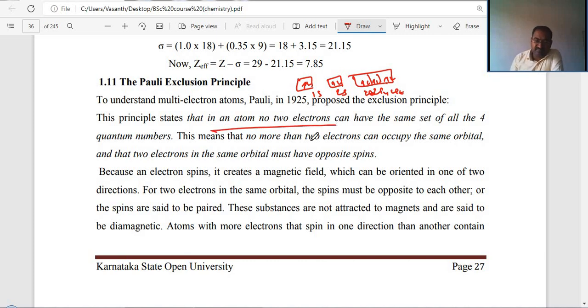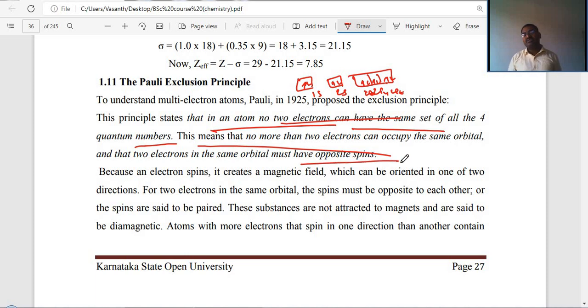In an atom, no 2 electrons can have the same set of all 4 quantum numbers. This means that no more than 2 electrons can occupy the same orbital, and the 2 electrons in the same orbital must have opposite spins.